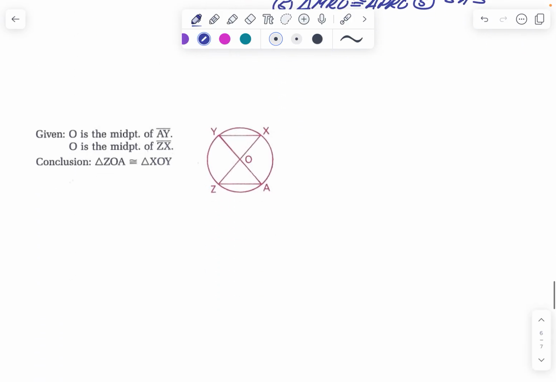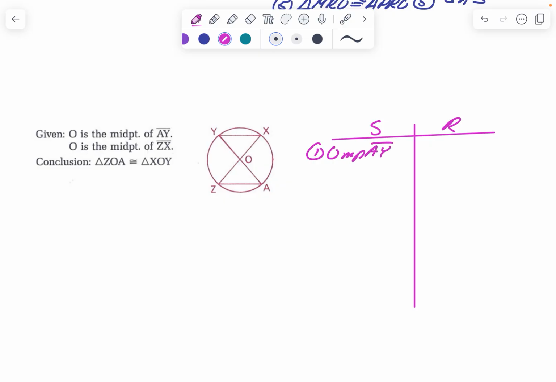Finally, this is a cool one. Notice we don't get the usual congruent information, but they're talking about midpoints. So let's see. O midpoint of AY and O midpoint of ZX.